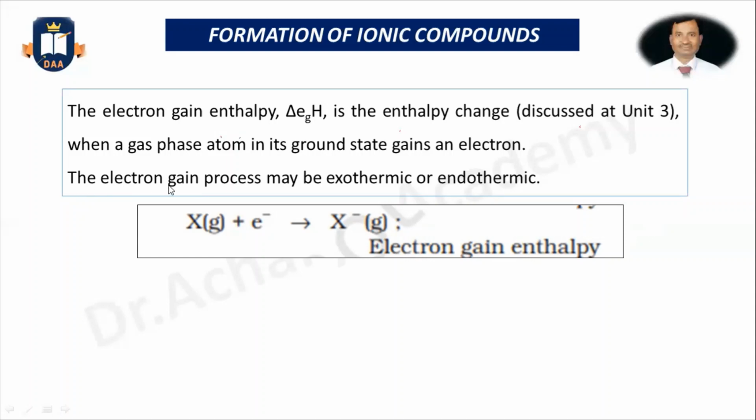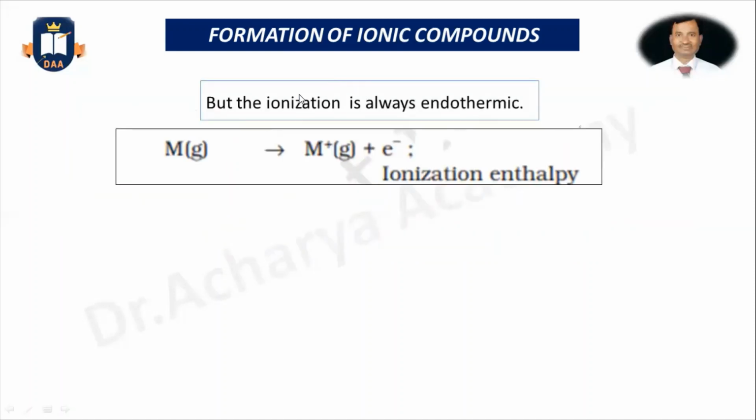The electron gain process may be exothermic or endothermic. That means during anion formation, it can release energy, then it is called exothermic, and when it absorbs energy, it is called endothermic. Ionization, as I discussed, is when M in gaseous form forms the cation M plus and one electron.